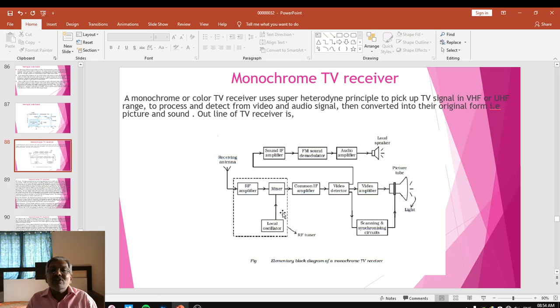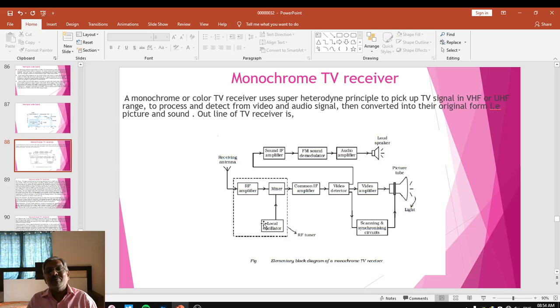Friends, the local oscillator used in the tuner may be a Hartley oscillator or a Colpitts oscillator that generates the radio frequency output. Please do remember that the local oscillator frequency is always greater than the signal frequency, and the local oscillator frequency is adjustable.